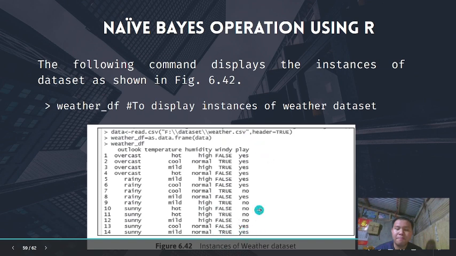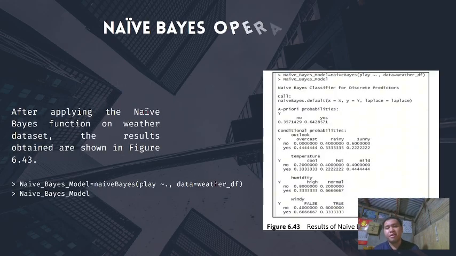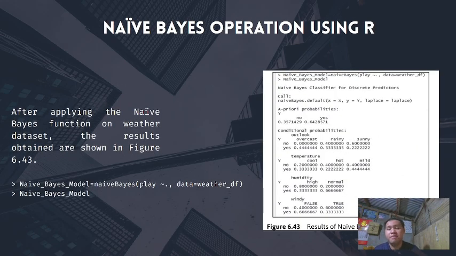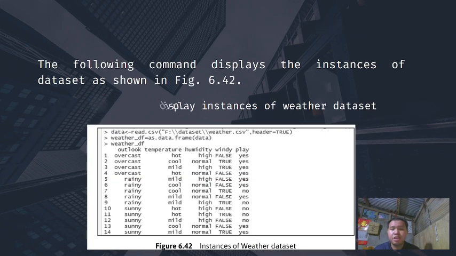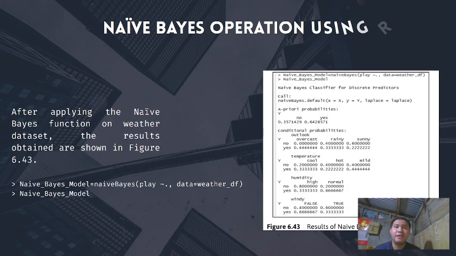This one usually appears at the last, the very right of the CSV file. So when you write this command, you must look at the rightmost section of the CSV file. Then you will call again the naive_Bayes_model in order to call this.